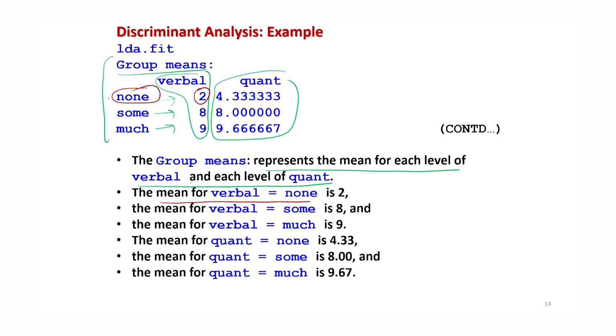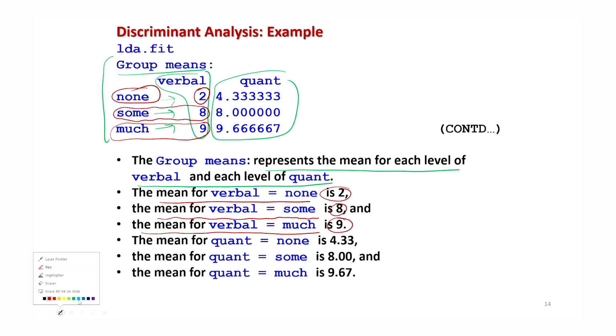Similarly, in the second row, some, the mean for verbal is 8. And this 9 corresponds to much, so the mean of verbal for much is 9.